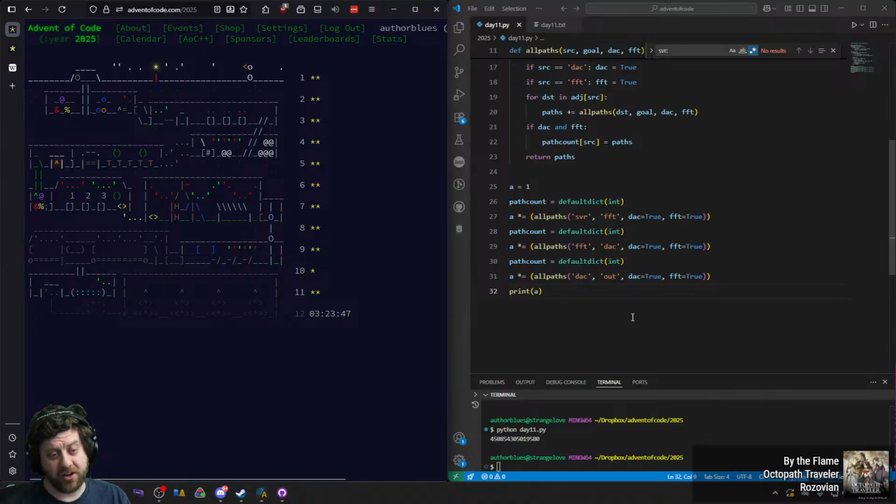I could have proven it didn't have cycles by just running topological sort on it. There's a very simple algorithm for determining whether or not you're dealing with a directed acyclic graph. Here's the algorithm. Run topological sort. If topological sort fails, it's not directed acyclic.